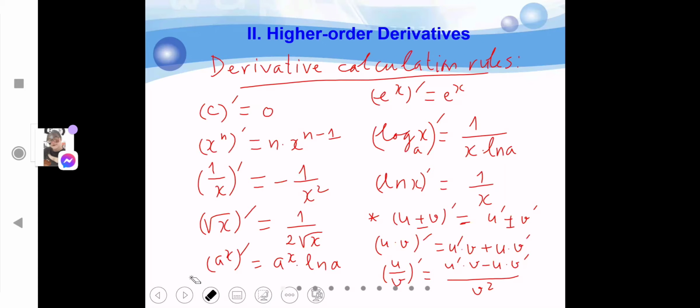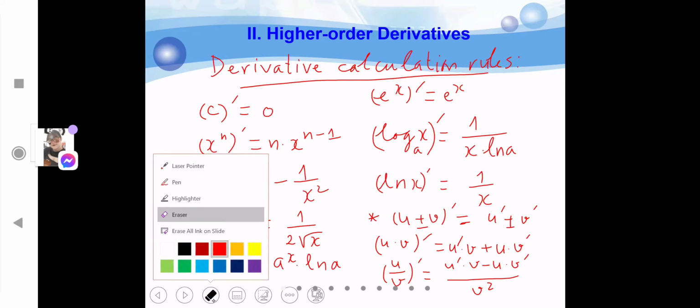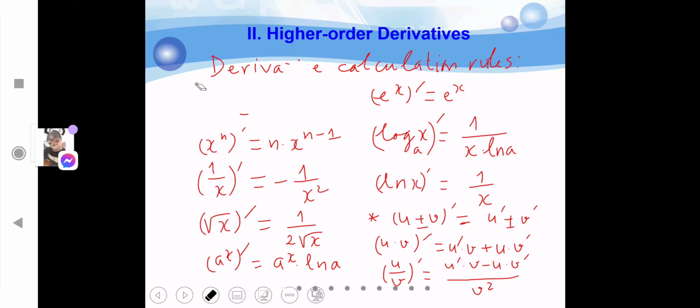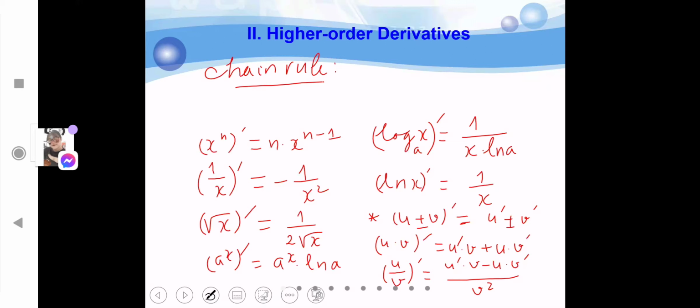Chain rule. Assume that y is a function of u, where u is a function of x.